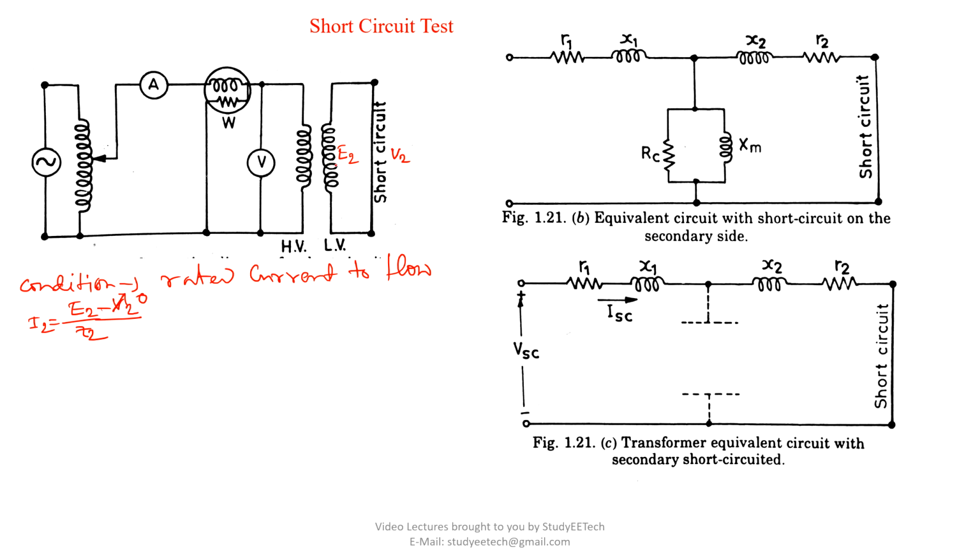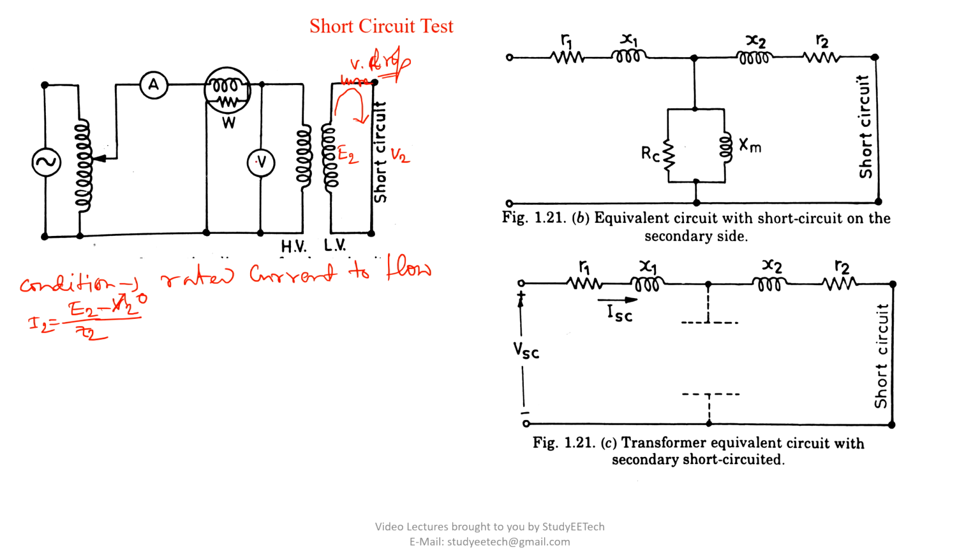Think about this LV side. What the transformer is doing is circulating this current against its own winding resistance and leakage reactance, and no other load resistance is here. So it has to overcome this voltage drop only, to circulate the load current.